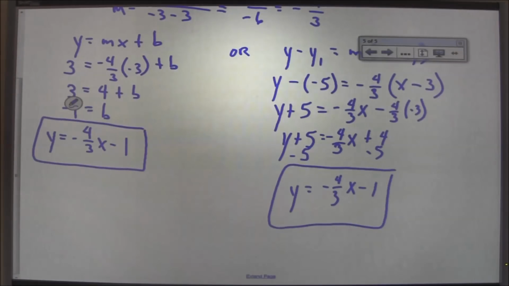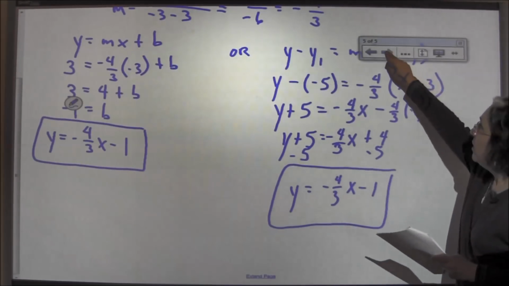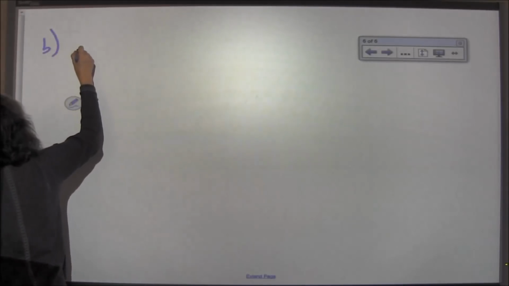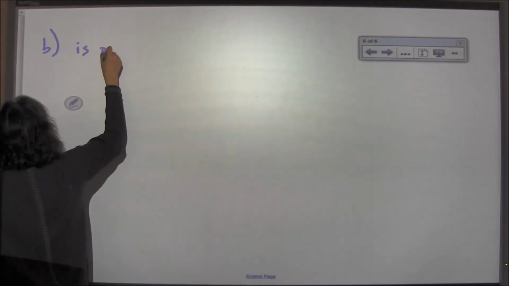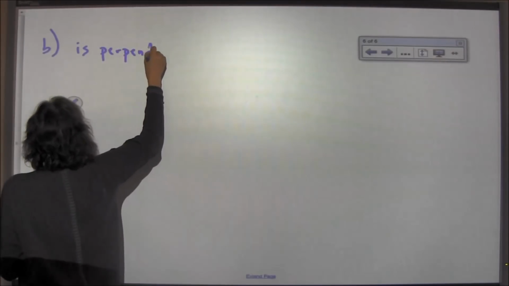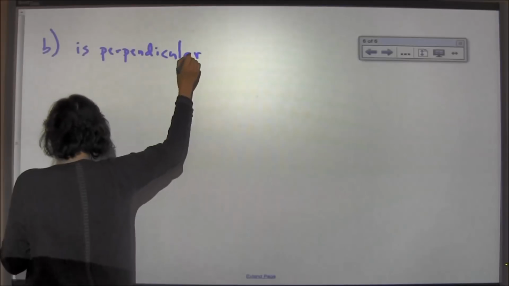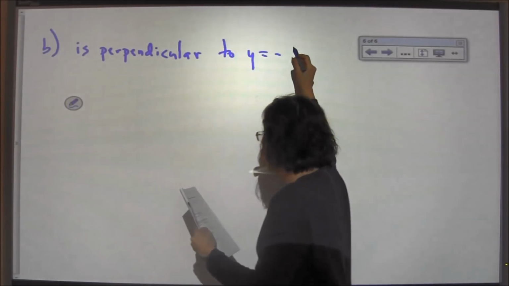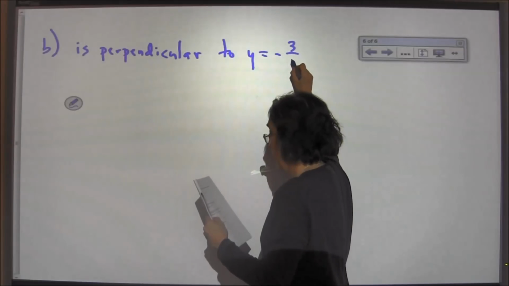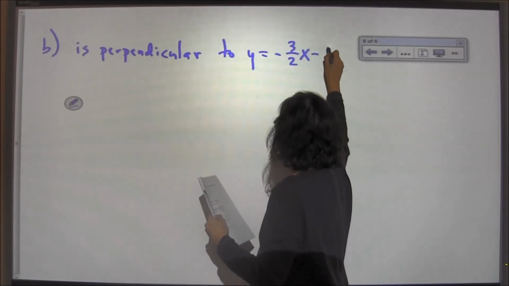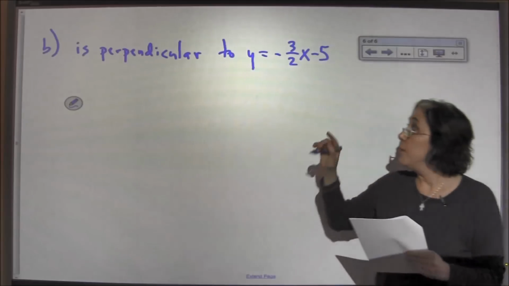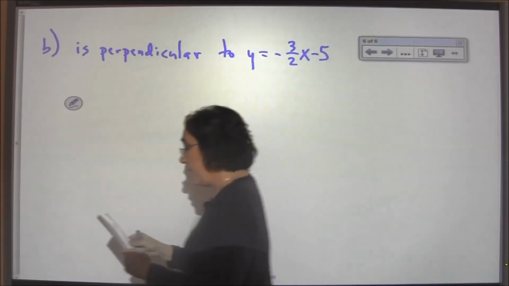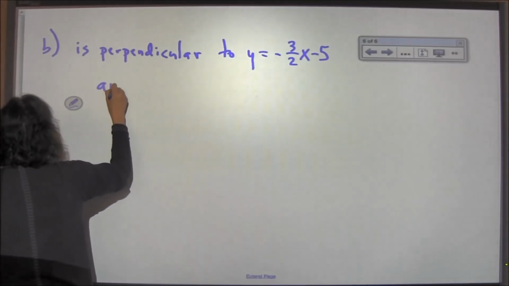All right, and then the second question, we want to know the equation of a line that is perpendicular to this line and it passes through (6, 1).